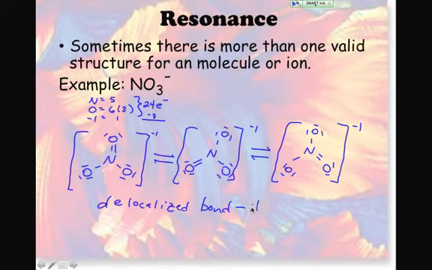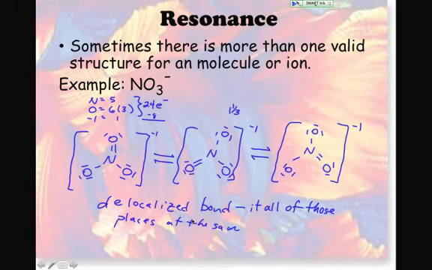It is all of those places all at the same time. So really, rather than having a single bond on 2 things and a double bond on 1 thing, we have more like a 1 1/3 bond on all of them, because that multiple bond delocalizes.